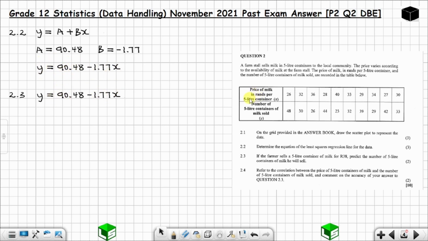Okay, so 38, the price, which is X, you are going to plug it inside there and then you get your Y. So Y is equal to 90.48 minus 1.77 and then you plug in 38 in the place of X. Can you see it? Okay. And what is Y equal to? Use your calculator.